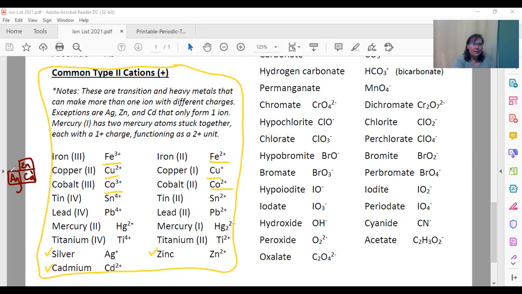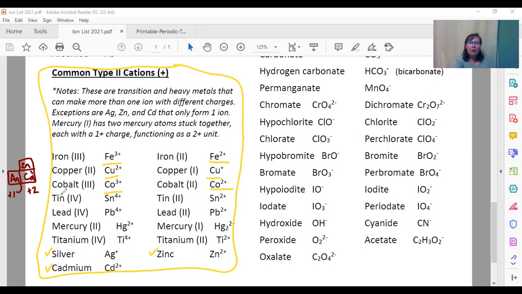Okay, and this little block here forms what you see here, and you don't have silver 1 and silver 2, or zinc 1 and zinc 2. And you'll notice that none of those have Roman numerals. So here you have silver with a +1 charge, and zinc and cadmium each with a +2 charge.